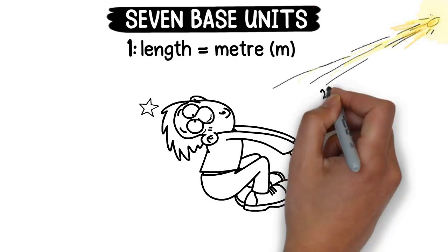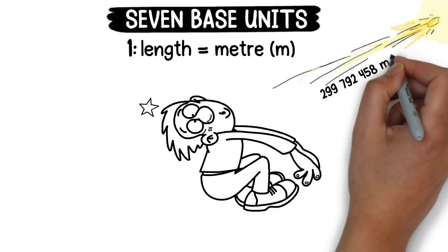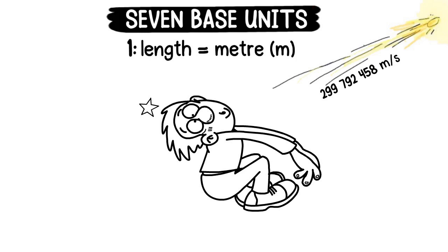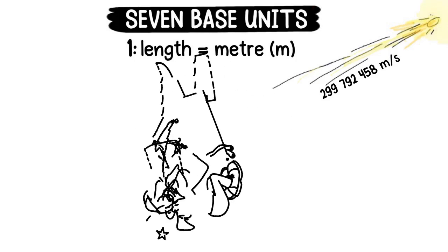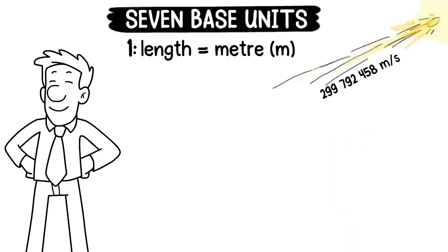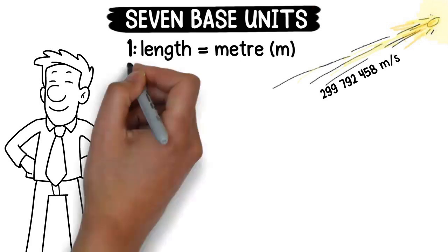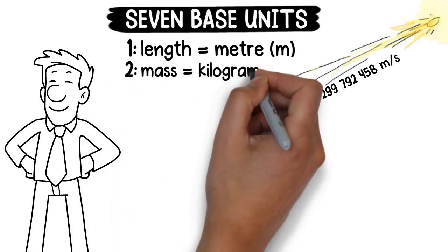That's because light travels 299,792,458 metres per second. So if we divide 1 second by 299,792,458 metres, we get 1 metre travelled in 1/299,792,458 seconds.